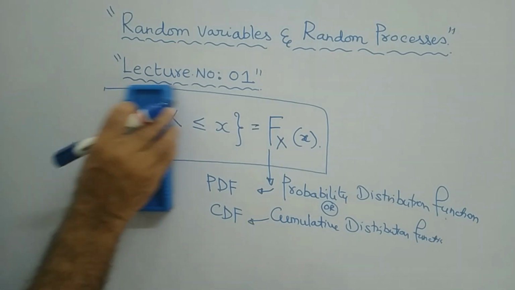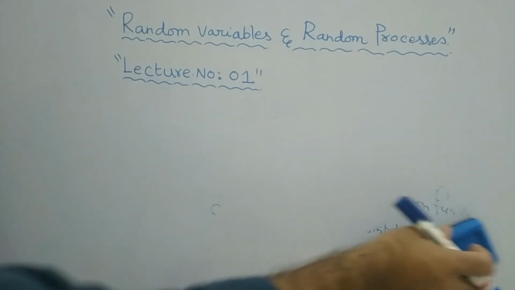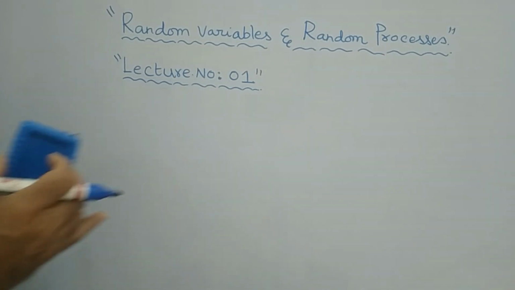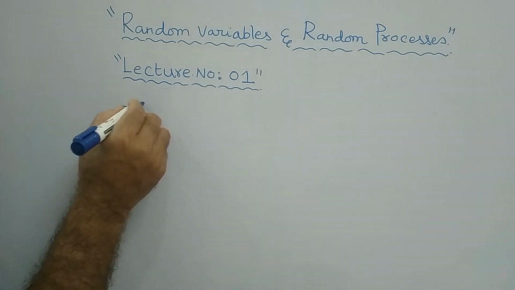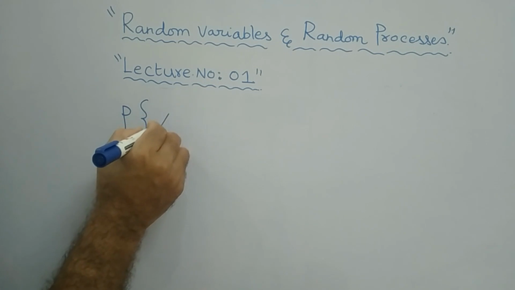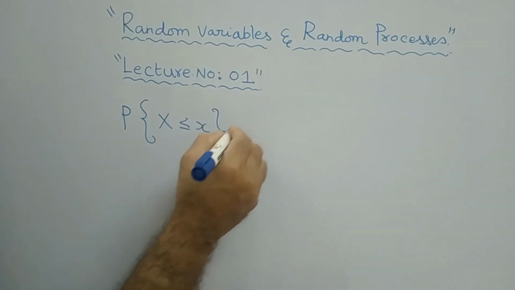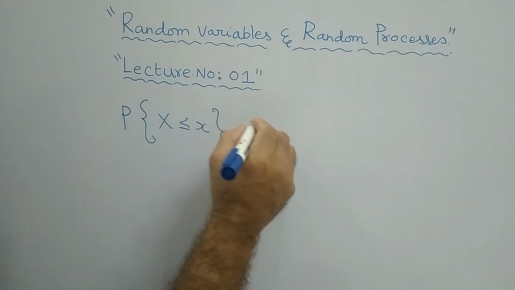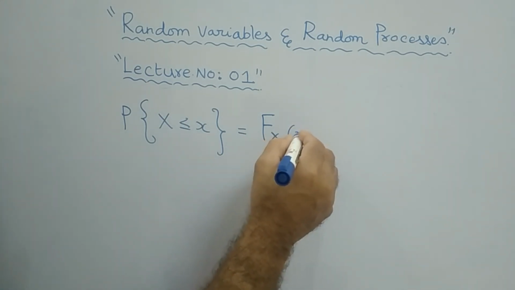Now one more function we can define with the same definition: the probability of capital X less than or equal to small x. We have just seen this is capital F suffix X of small x.